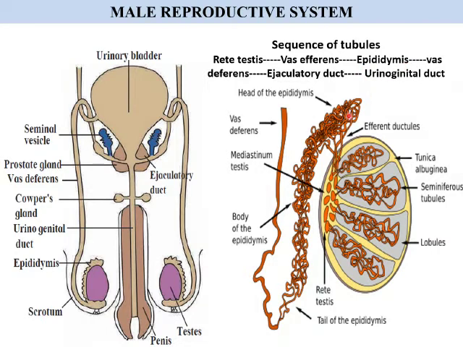So the vas efferens is a connecting link between the rete testis and the epididymis. Then it goes into the vas deferens, then the ejaculatory duct, formed by the union of the seminal vesicle and vas deferens, and finally the urinogenital duct, and through the penis they are given out along with the semen. So this is the sequence taken by the male gametes. Let's move on to the next slide.